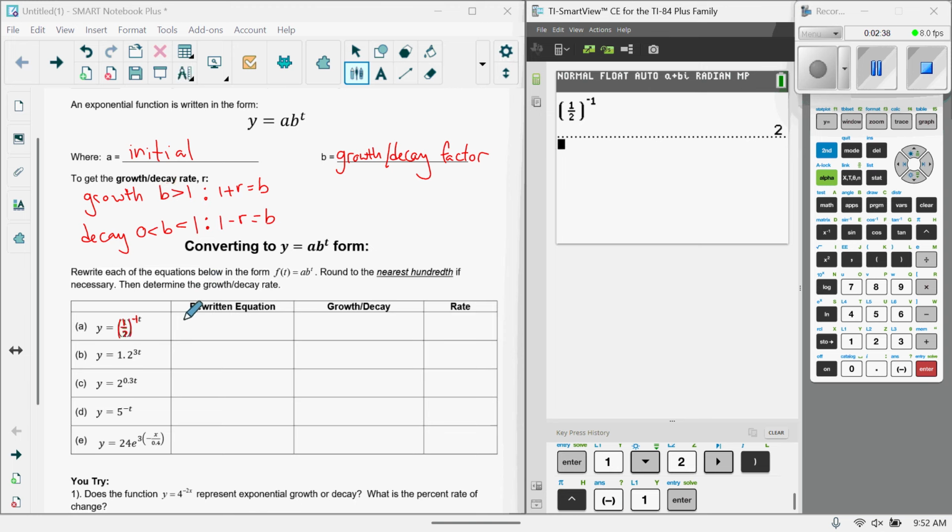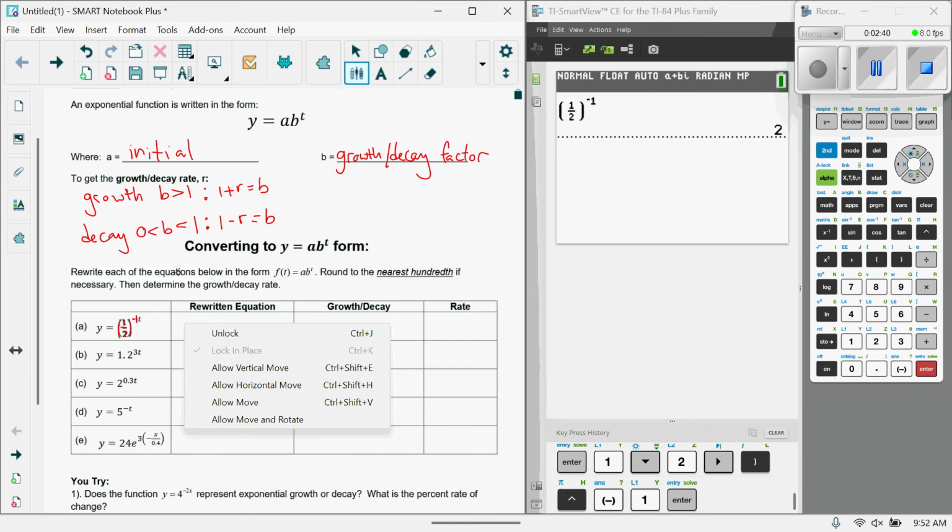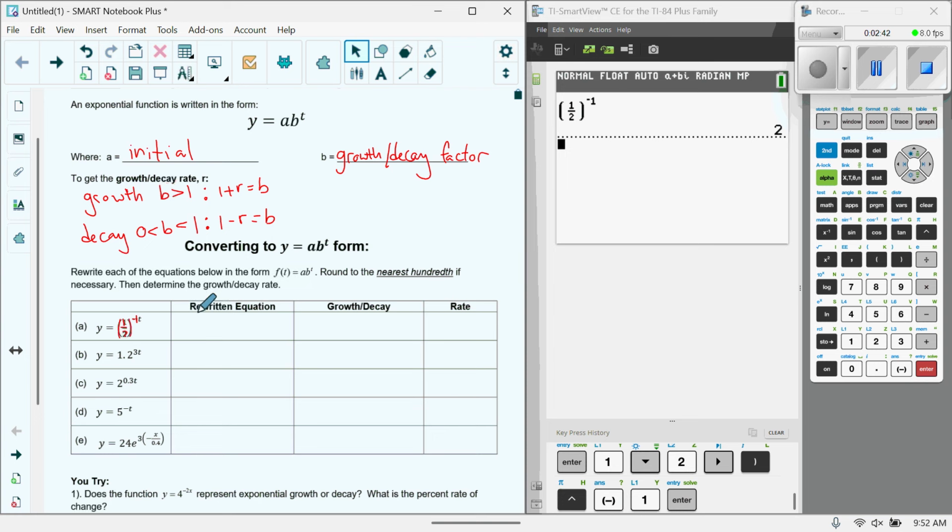So I'm going to rewrite this as y equals 2 to the t power. I got rid of the -1 in front, and now it's just t, which shows me that now actually I have something that is exponential growth because my base is really greater than 1.